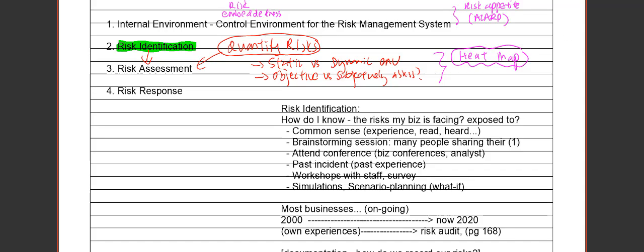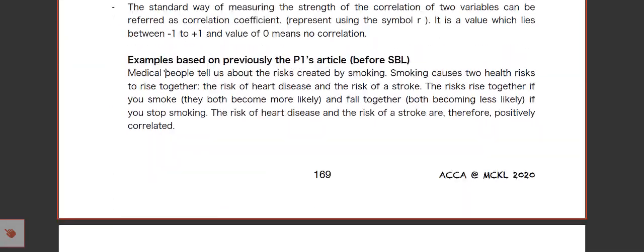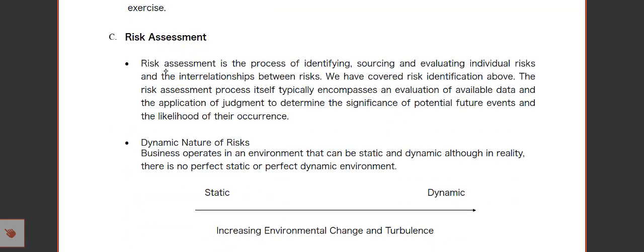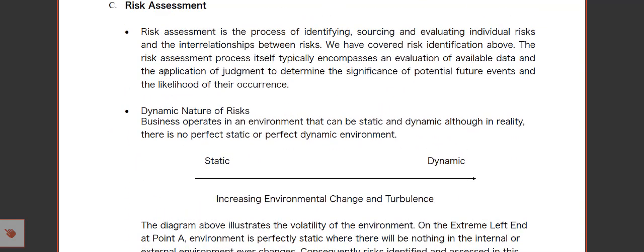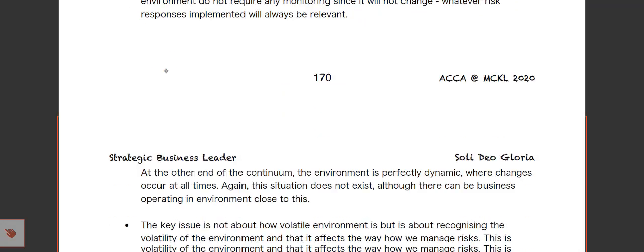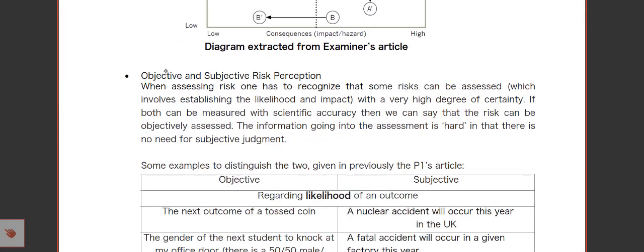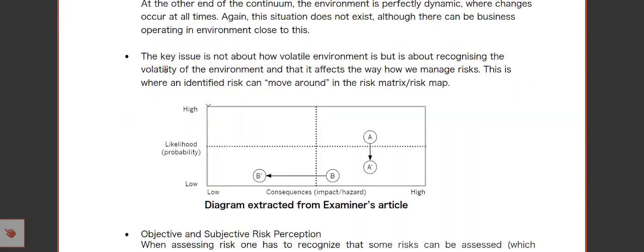Okay, so let's go back to your notes and look at risk assessment. Okay, now risk assessment is basically the process of how we quantify our risk. And to look at the risk quantification, we will come to that later.